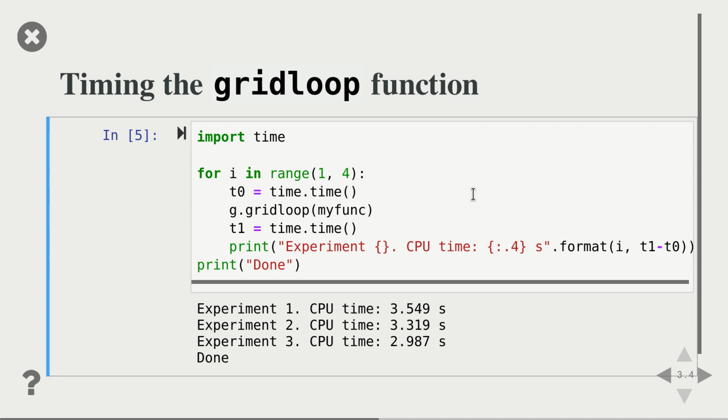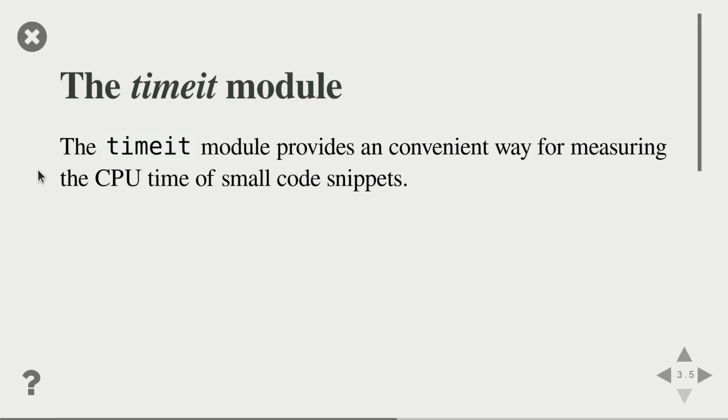Again, you can see how much variation there is, but we're talking about in the order of between 2.3 and 3.5 seconds. And so it's clearly the grid loop function that is the slow part in our program. It's not the initialization of the grid.